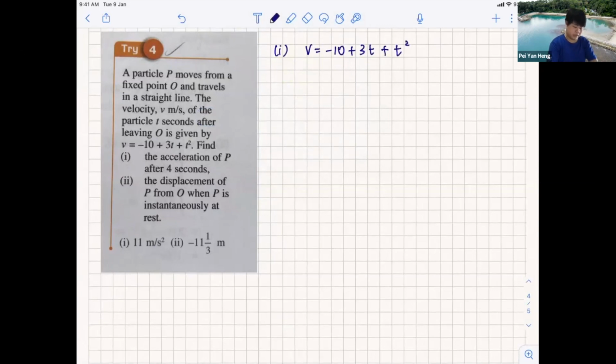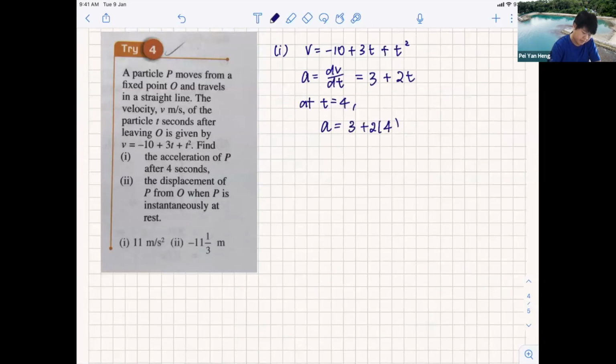You want to find acceleration, so acceleration is dv/dt. If you differentiate this, you get 3 plus 2t. So at t equals 4, acceleration will be 3 plus 2 times 4. That will be 11 meters per second squared.